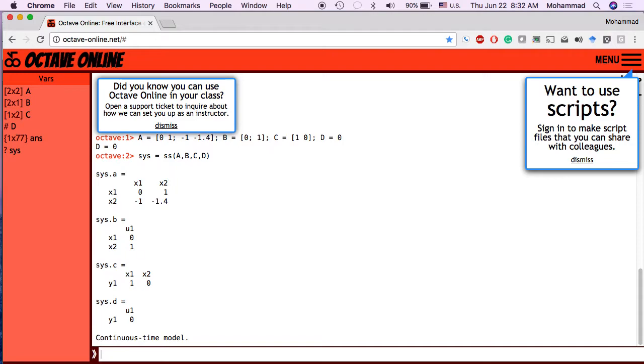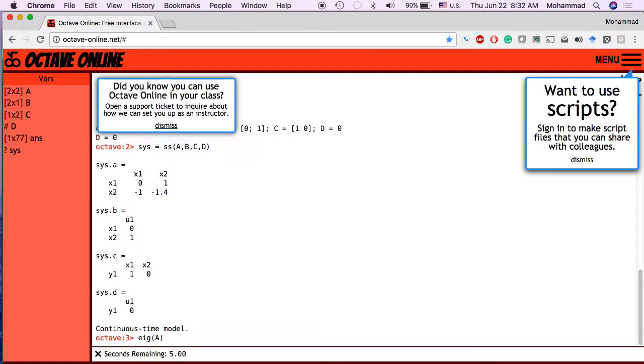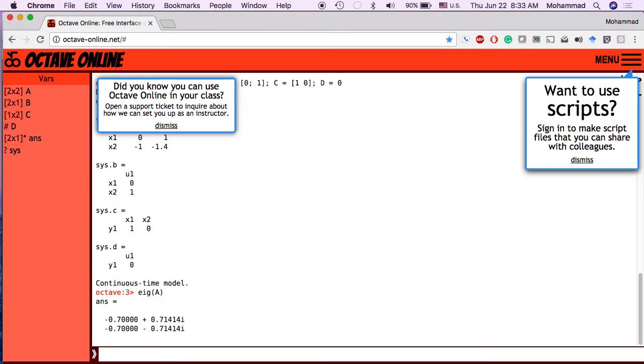The first step for me is to make sure the eigenvalues of A are located at -7 plus minus 0.714.